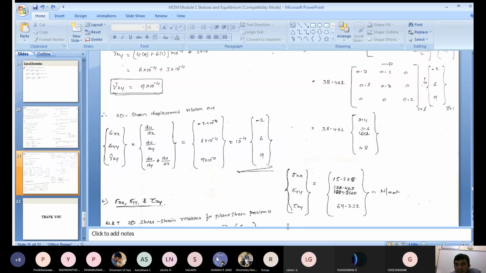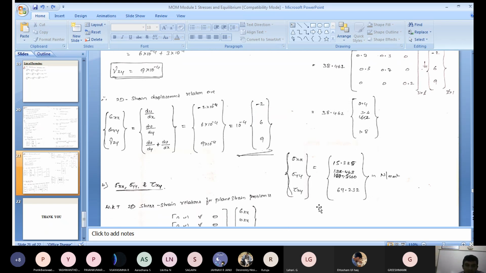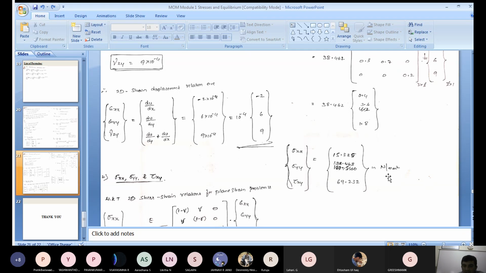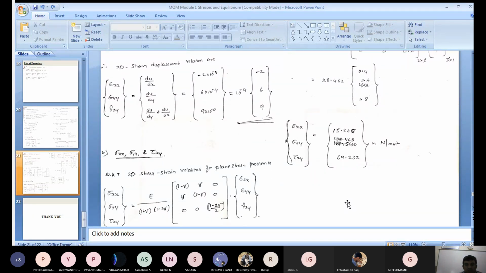Newton per mm square. Yes, good. All of you got the same value. Check whether all of you got the same value or not.